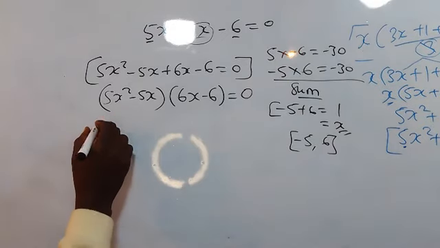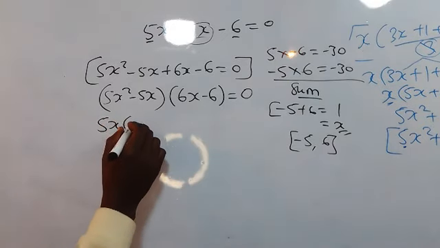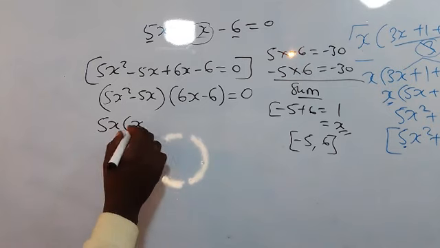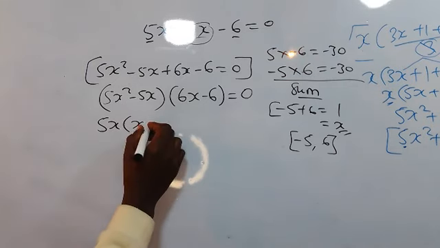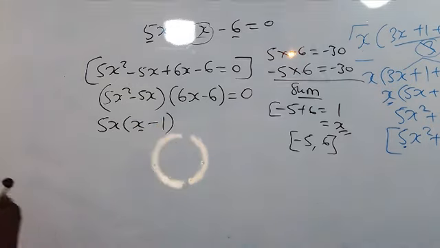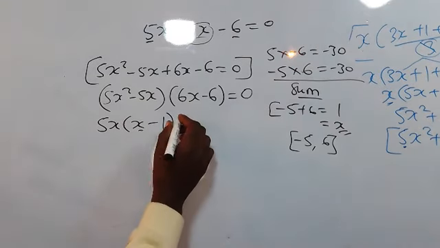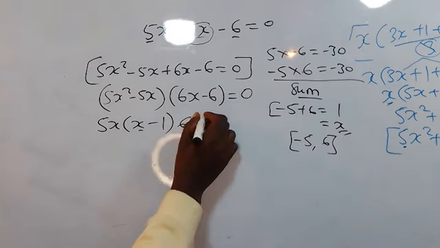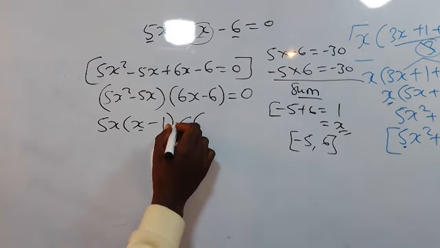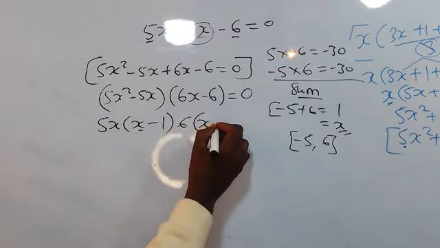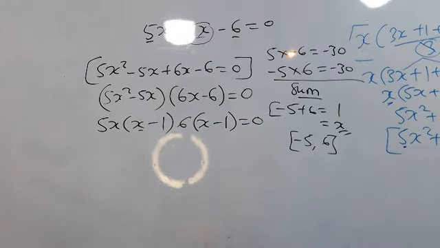What is common is 5x, and then you have x remaining, and then we have negative 1. And then what is common there is obviously just positive 6, and then this is going to be that, this is going to be that, equals to that.